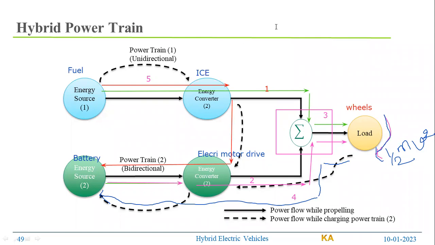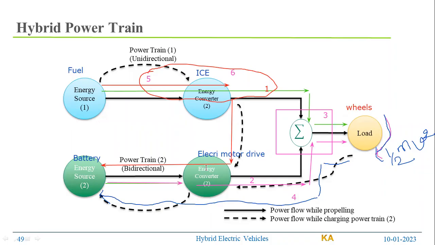And sixth could be a combination of 1 and 5. It is a combination of 1 and 5, meaning the IC engine can propel the load as well as at the same time charge the battery.